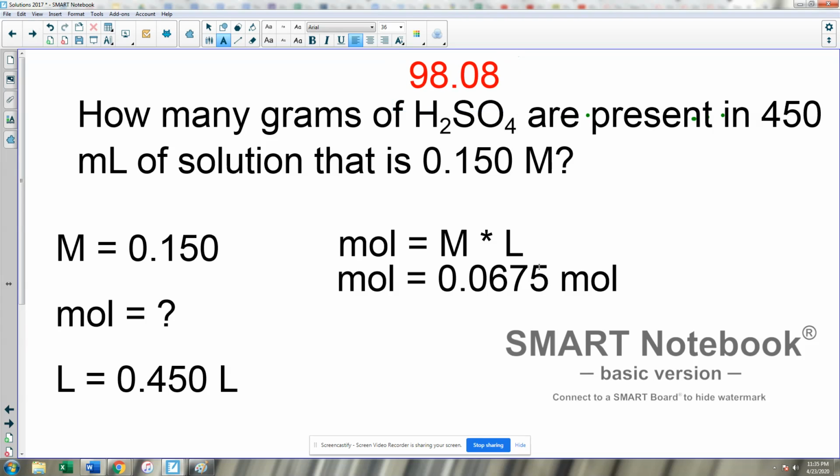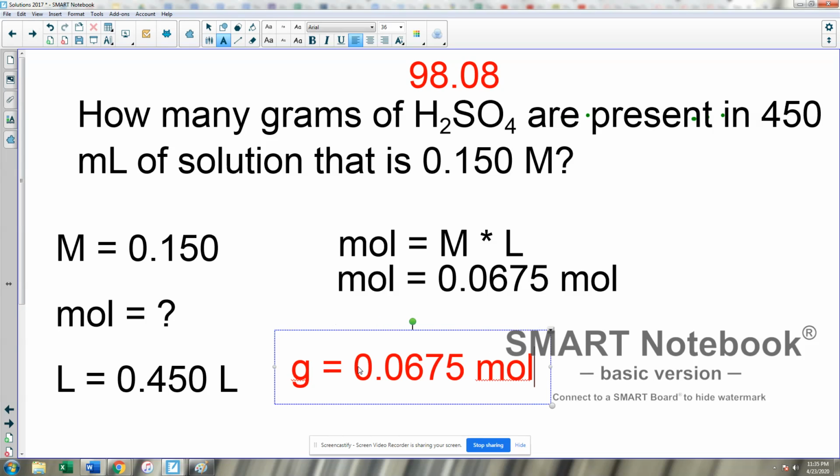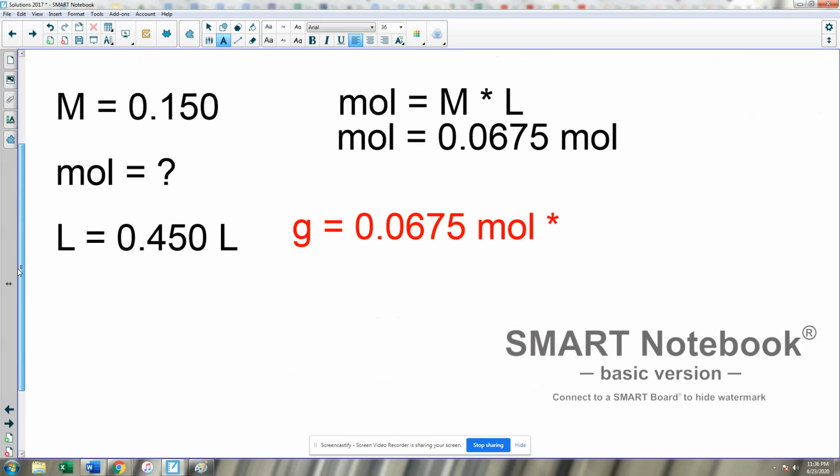Okay, so am I going to divide or multiply? Well, if I'm going moles to grams, I have to multiply. So if I want to know the number of grams, that should be 0.0675 moles times, scroll down a little bit, and that would be 98.08 grams in 1 mole, right?